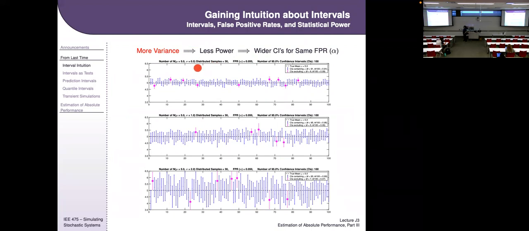So here I've got a standard deviation of 0.5, here of 1, here of 2. And what this is showing is the noisier your data are, then the wider your confidence intervals get. So if there is a way for you to change your experiment to reduce sources of noise, then that will also give you tighter confidence intervals.